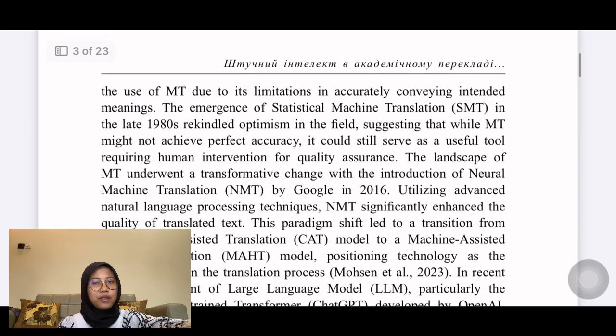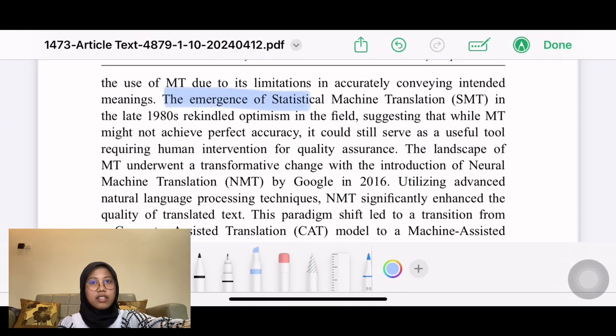Next, the author adds, "The emergence of statistical machine translation (SMT) in the late 1980s rekindled optimism in the field, and then the landscape of MT underwent a transformative change with the introduction of neural machine translation (NMT) by Google in 2016."